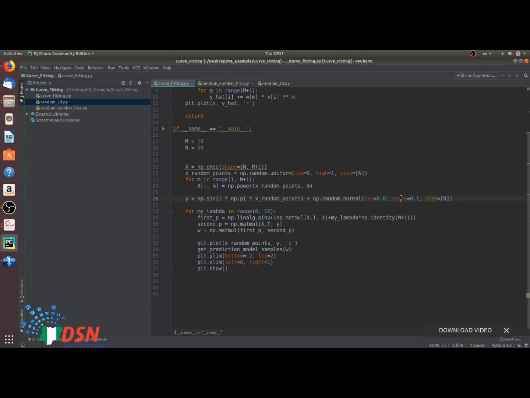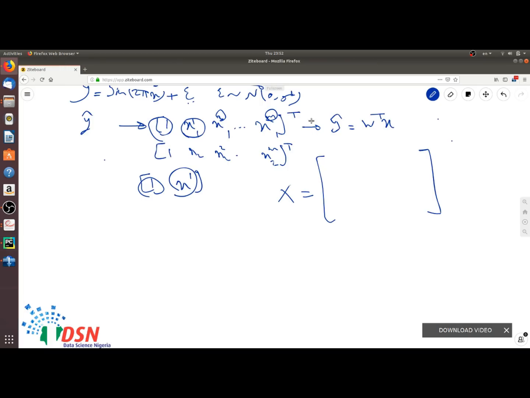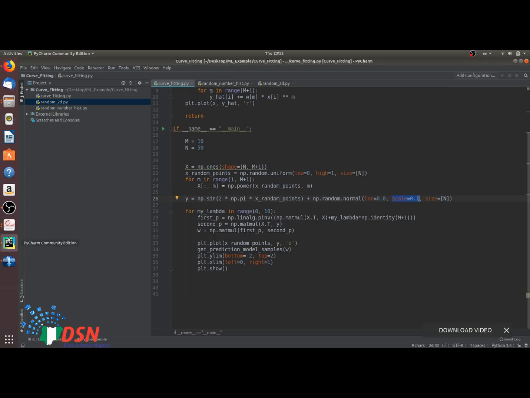And this is the mean of our Gaussian distribution, and the scale is actually the standard deviation, which is the square root of sigma squared. So the sigma is the standard deviation and the scale.